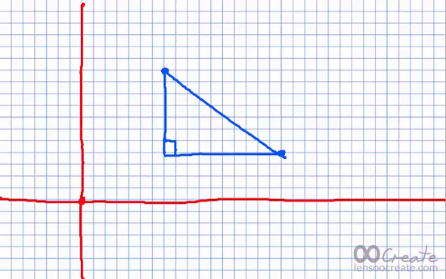So once again, I can just say A is a short side, B is a short side, and opposite the right angle is C. And I can count my steps. 1, 2, 3, 4, 5, 6, 7. 1, 2, 3, 4, 5, 6, 7, 8, 9, 10.